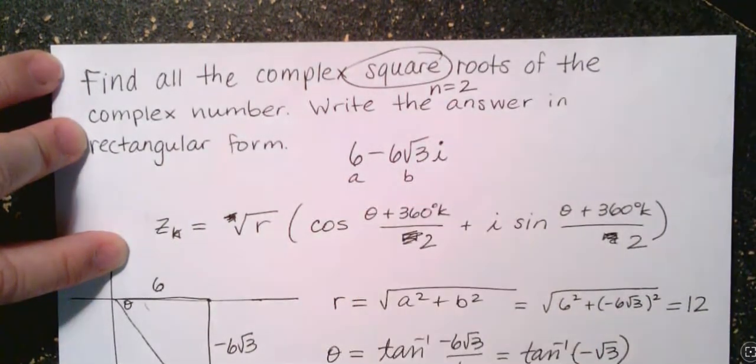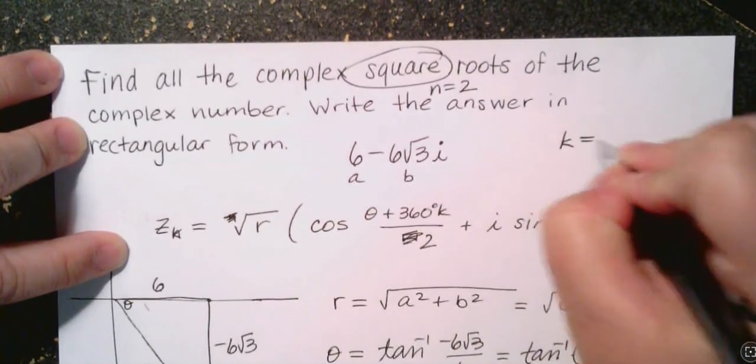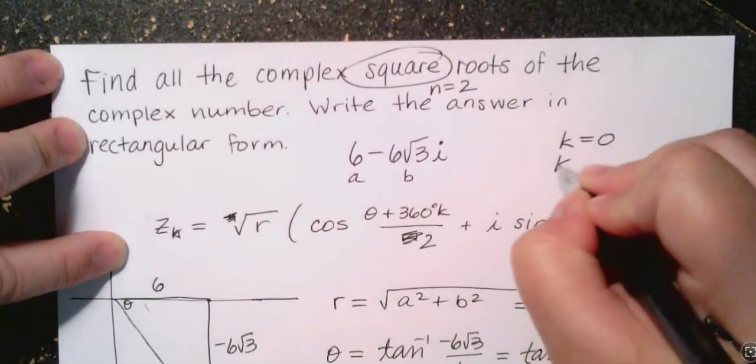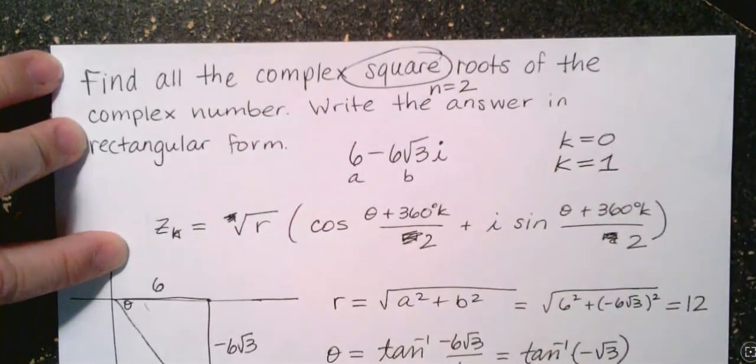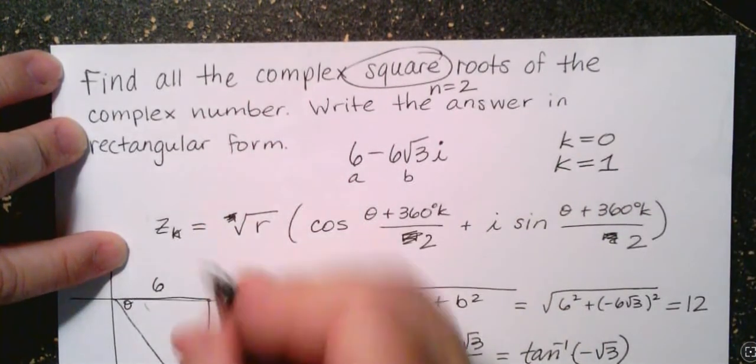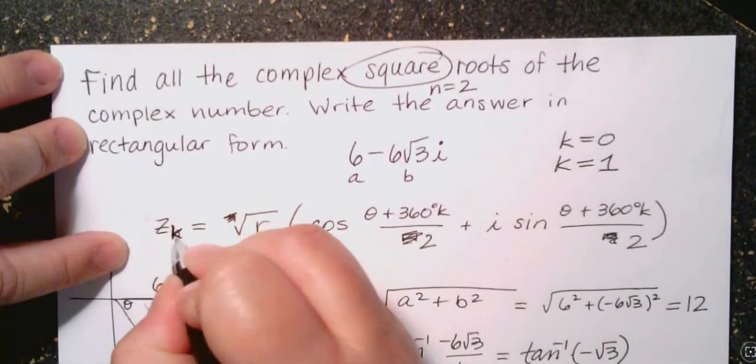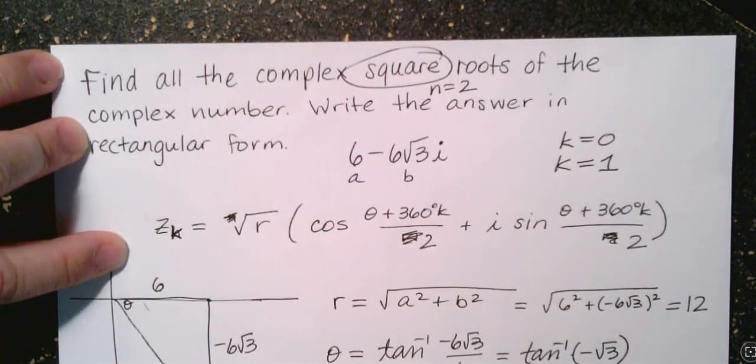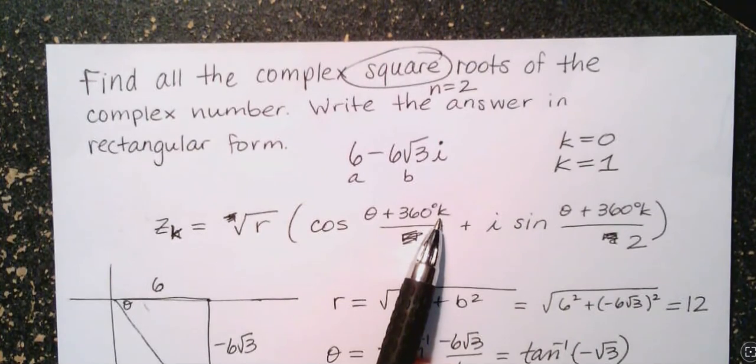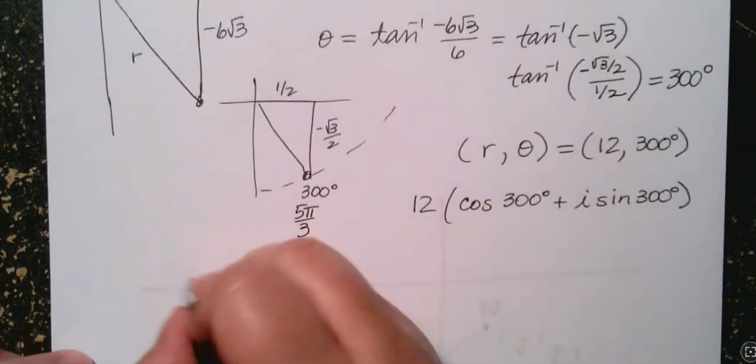So if k is starting at 0, we need to do it for k is 0, and then n minus 1 is 1, so we need to do it for k is 1. So this was a k, remember? So we're going to do z sub 0 and z sub 1. That means first we're going to plug in 360 times 0, and then next we're going to plug in 360 times 1.